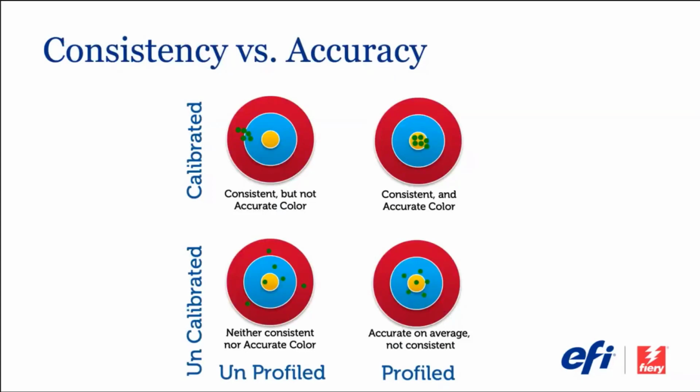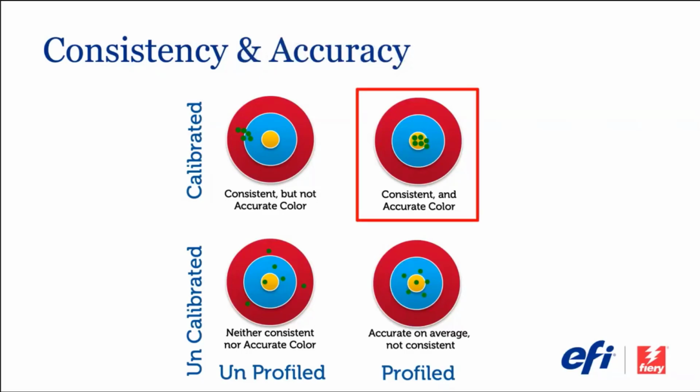Well, we've got one that's accurate, but the rest aren't accurate, and we're certainly not consistent. And people say, well, do you want consistency or do you want accuracy? In my world, you should want both. You want consistency and accuracy, and ideally both at the same time. You want consistent color and you want accurate color. That's what's going to please your customers. That's what we're trying to get here.